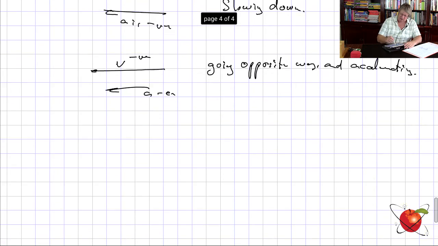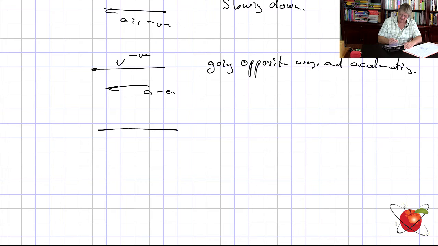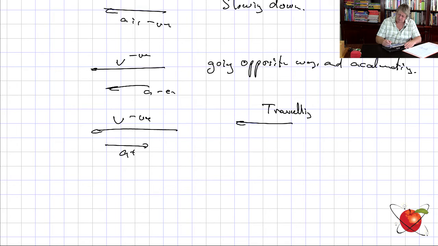The last one, logically, we could have is v is negative and acceleration is positive. What does it mean? It means I am traveling, let's say west, okay, and slowing down.